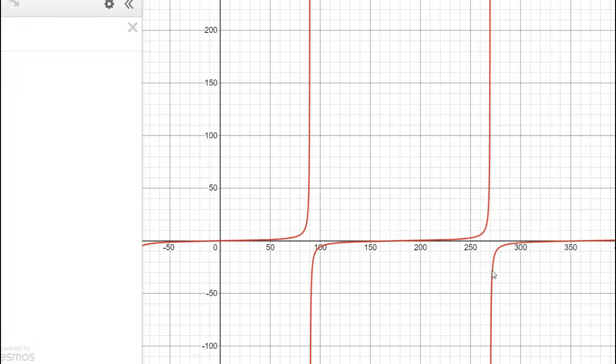Find tan inverse of minus 1. Minus 45. Tan inverse of minus 1 is minus 45.